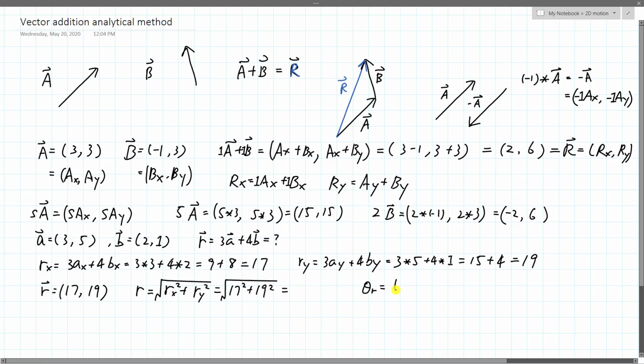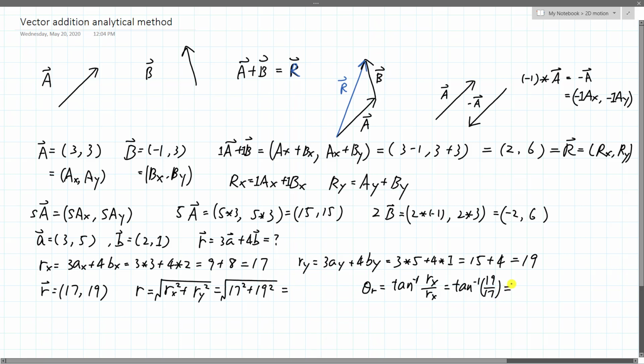This is the arctangent, right? Arctangent of the y component versus the x component, so ry over rx. And do I add 180 degrees? The answer is no, because the x component is greater than 0. Only an x component less than 0 requires adding 180 degrees. So tangent inverse, y component is 19, x component is 17.